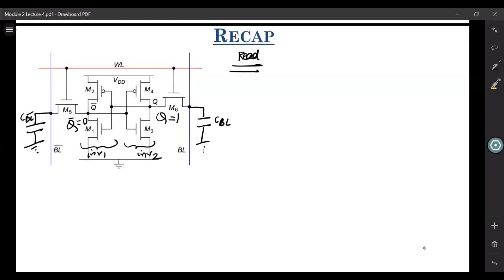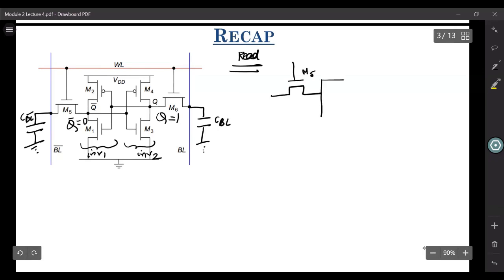So the SRAM cell basically looks like this. So we have this access transistor M5. Then we have this inverter 1, right? Then we also have this inverter 2. And then we have this access transistor M6.